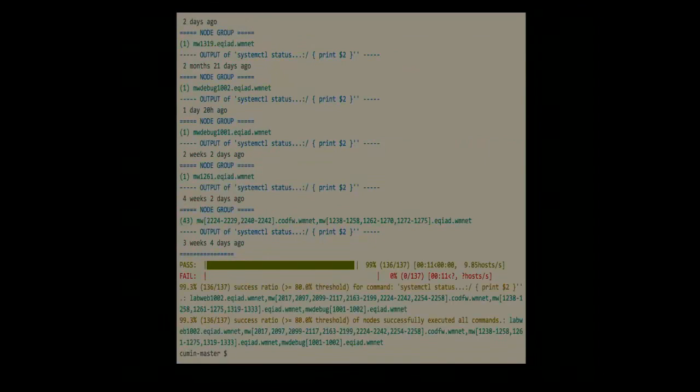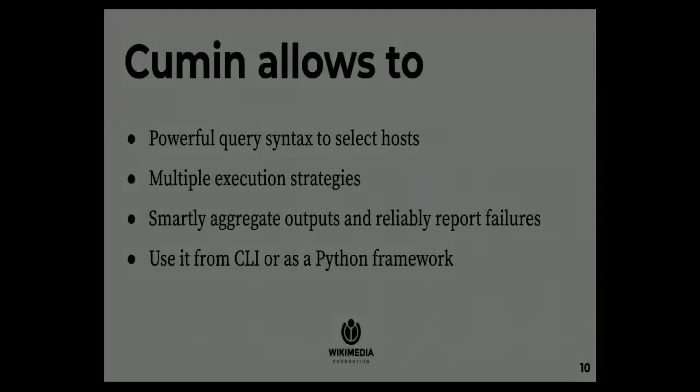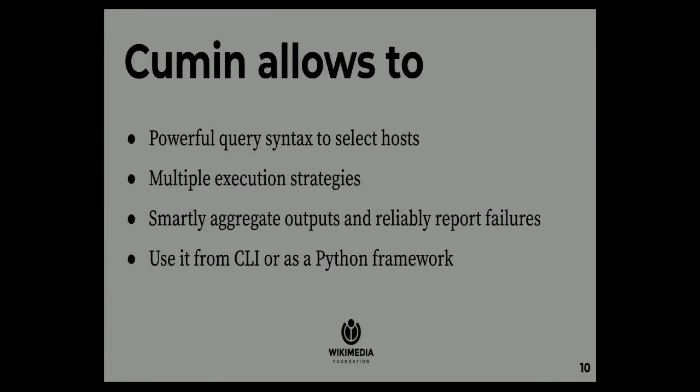So this is a very quick example of how we use Cumin every day at the Wikimedia, and we have really had a lot of good results so far, and a lot of people are using it. So just to recap, we have seen that Cumin has a powerful query syntax to select hosts, allows multiple execution strategies, aggregates the output in a smart way and reports reliably all the failures.